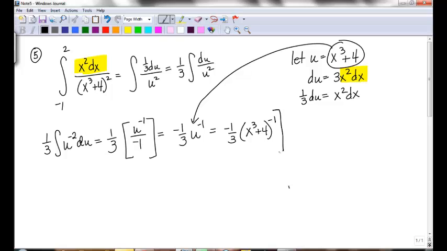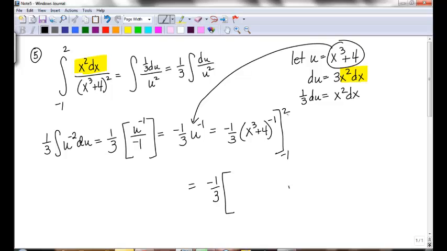And then they're going to put the little bracket here and say go from, now because I'm back in terms of x, I'm going to go from -1 to 2. So leave the -1/3 out front. I could leave that -1/3 in front of both fractions, or I can leave it out front of the whole thing, and I don't care which way you do it.